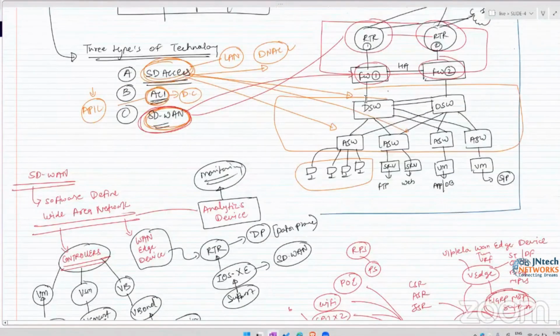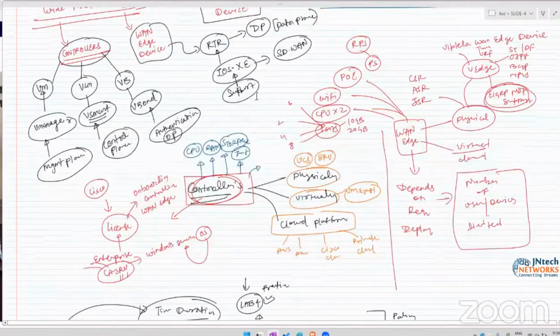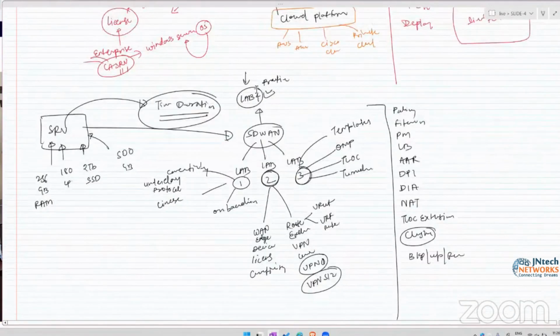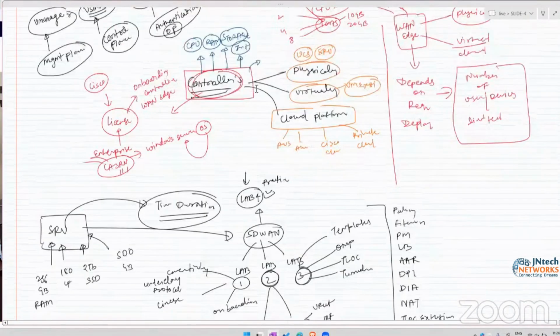We can discuss SD-Access, we can discuss ACI, but they are a different type of technology. We just need to follow only SD-WAN for WAN. If you are using SD-WAN, there is no need to use high-end routers. Basically, the control plane and data plane are maintained separately by the controllers.